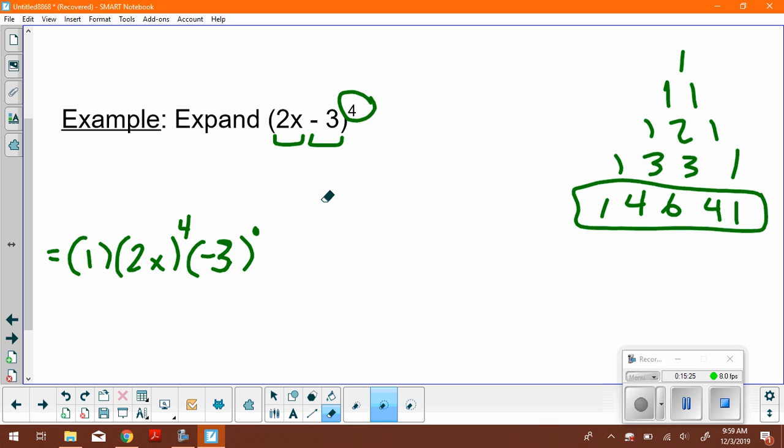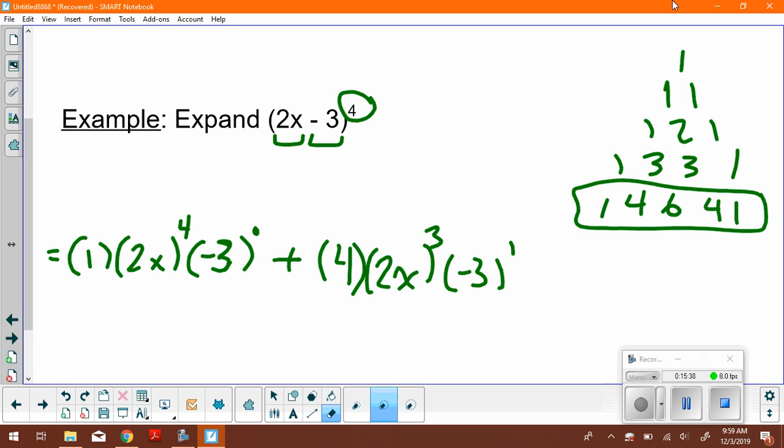Next term. The next number from the row of Pascal's triangle is a 4. My first term, 2x, all to the power 3, and negative 3 to the power of 1. Next thing in Pascal's triangle is a 6, and then 2x all squared, negative 3 all squared.